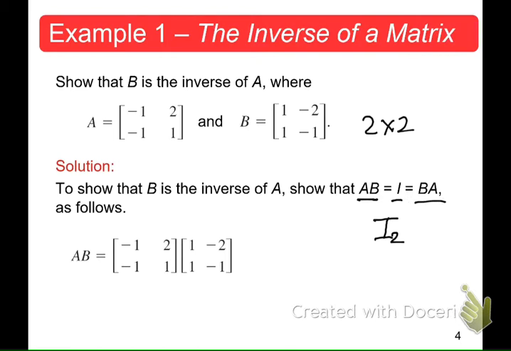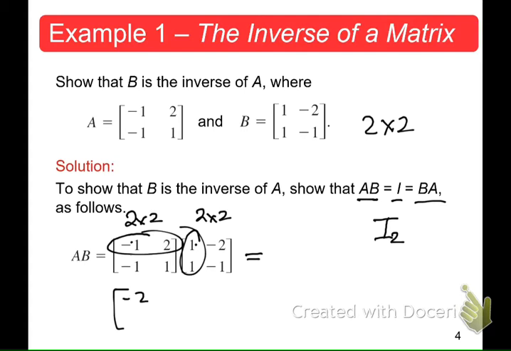I'm going to just do this one first. When I'm doing matrix multiplication, I do the first row times the first column. First, we have to check to make sure we can multiply these by each other, and of course we can. So I would have negative 1 times 1, which is negative 1, plus 2 times 1, which is 2.